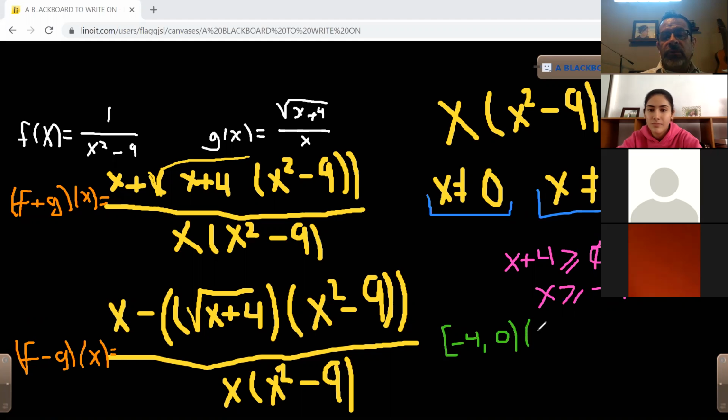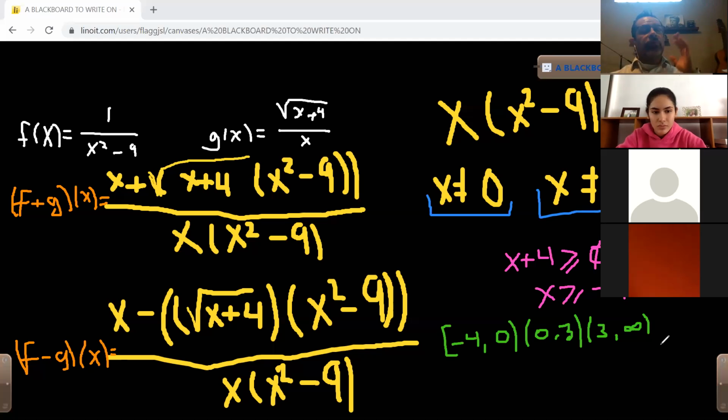Then from 0 to 3, the 0 and the 3 are excluded because of what we found here on the top, and from 3 to infinity. Okay, that would be the complete domain of the function.